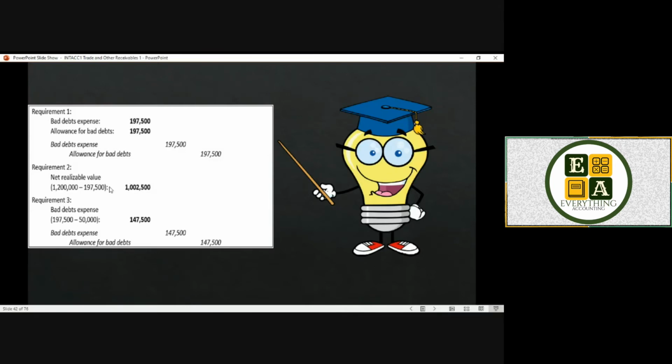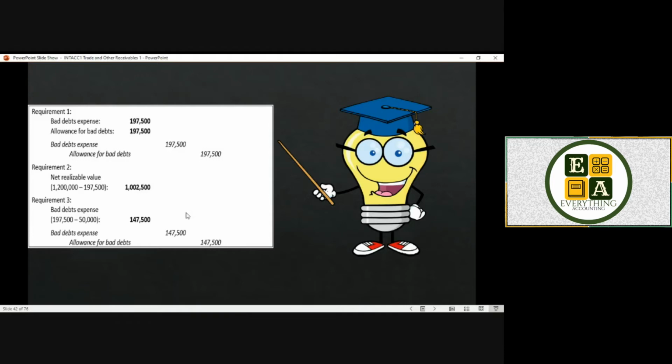Okay? Sa requirement 3, sabi sa requirement 3, assuming lang naman may beginning balance yung allowance for bad debts. Magkano yung bad debt expense natin? So yung total na 197,500 will be our ending balance. So paano tayo makaka-arrive ng 197,500 kung may beginning balance na tayo na 50?